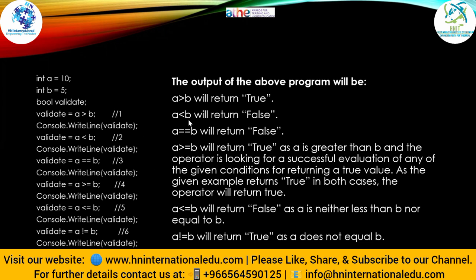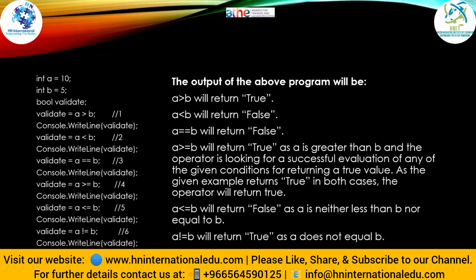So a is greater than b will return true because yes, it is true. a is less than b will return false because it's not true. a is equal to b will also return false because both of them are not equal. Greater than or equal to will return true as a is greater than b and the operator is looking for a successful evaluation of any of the given conditions for returning the true value.